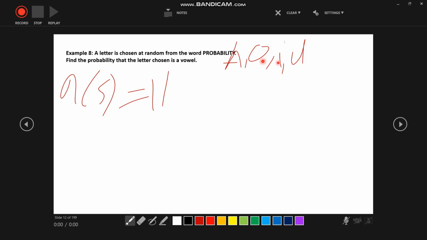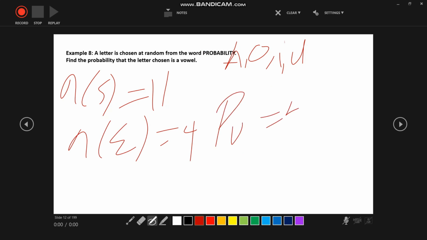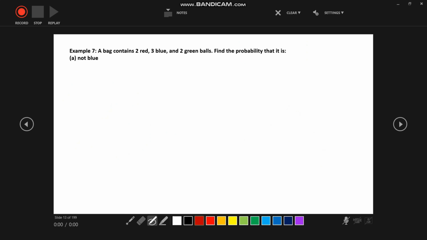Did we have U? We don't have U. So the number of vowels here is 4: A, O, then I two times. So our favorable outcome is 4, so n(E) is 4. So the probability of a vowel is 4/11.